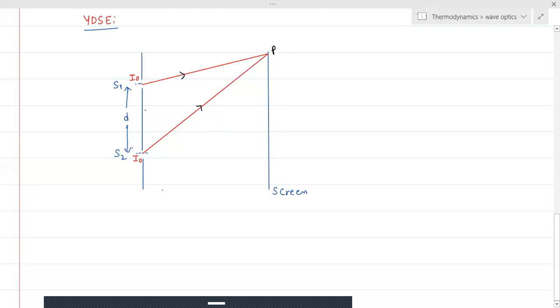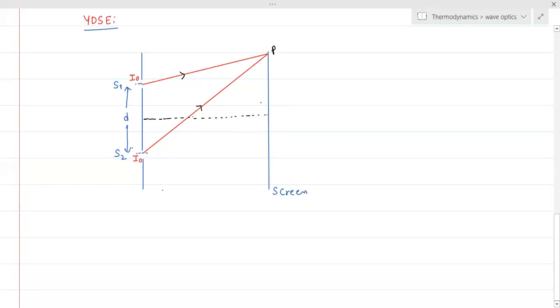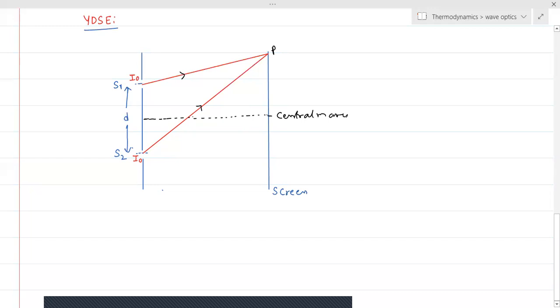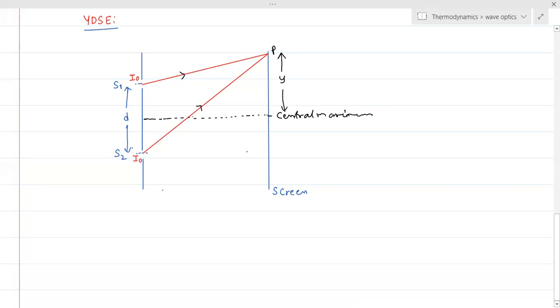And now at the center of the screen, we are going to get central maximum. You have been observing at a distance y. So all the distances on the screen are referred in terms of y, and the distance between the slit and screen is known as capital D.